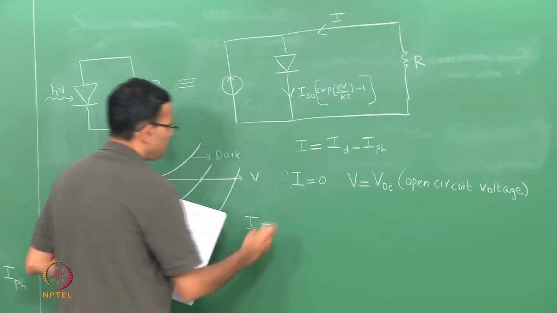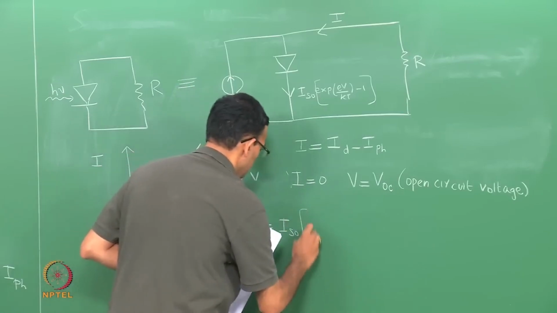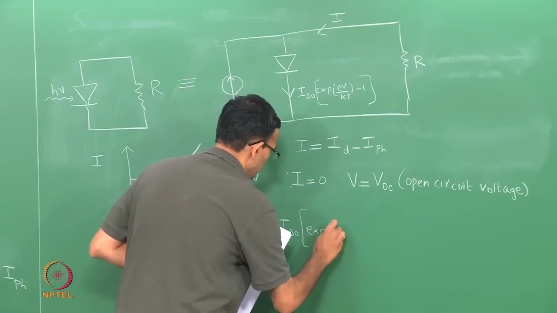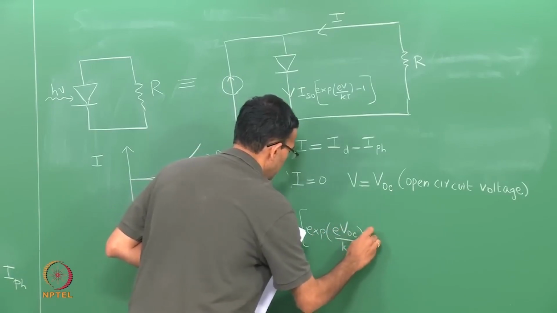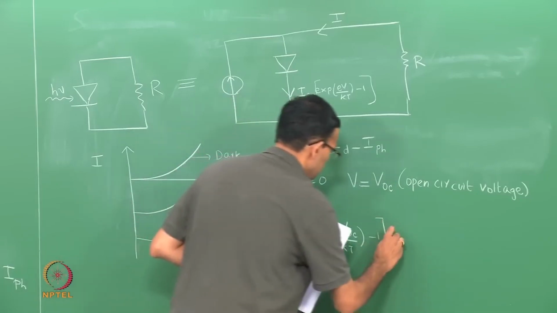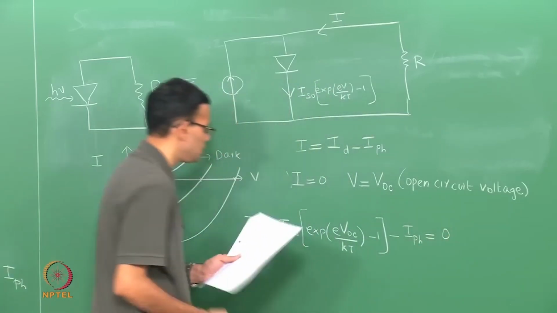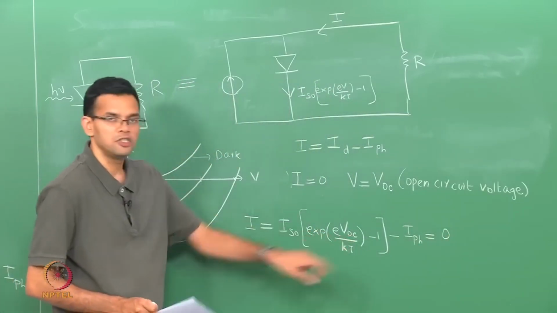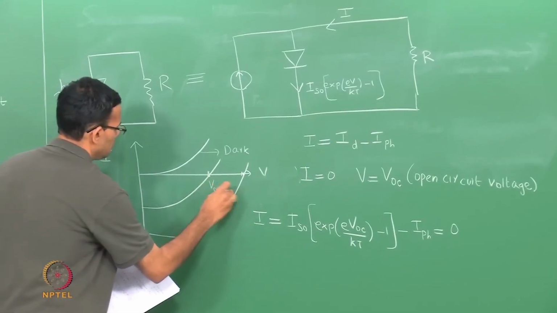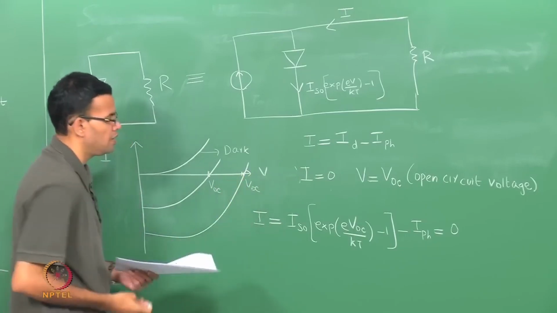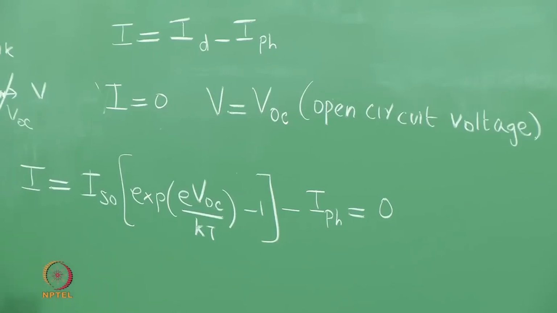So in that case, I, which is IS naught exponential E VOC over KT minus 1, this is 0. So when the voltage is VOC, which refers to this point, the current is 0.